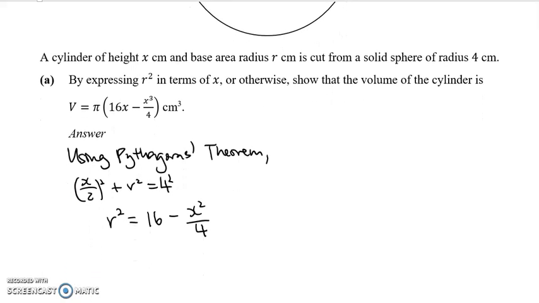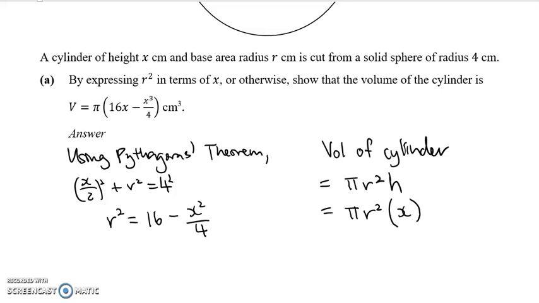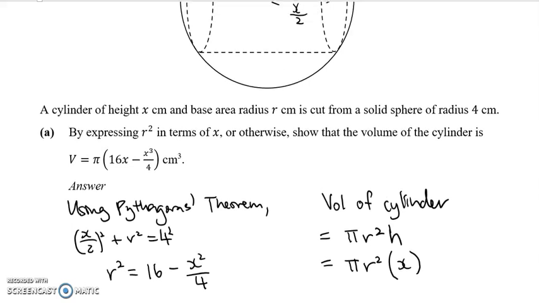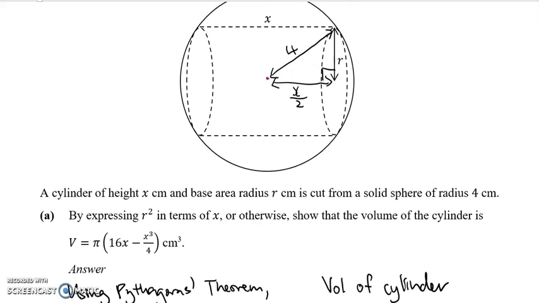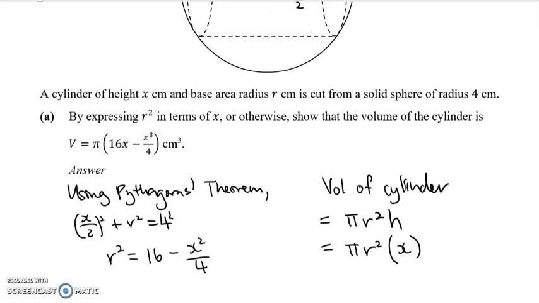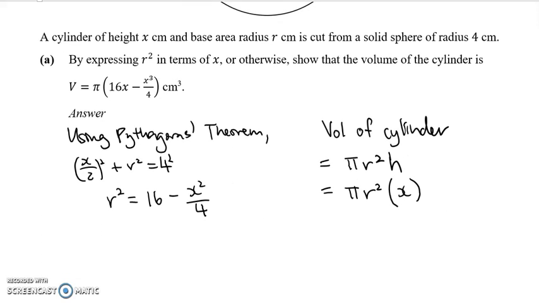Then now I need to write down the expression for the volume of the cylinder. So the formula for volume of cylinder is pi r squared height. The height of the cylinder here is x, and the radius is r. So if I were to put it in, I will get pi r squared x. And I have r squared from Pythagoras theorem, so I'm going to substitute that in to get 16 minus x squared over 4 times x.